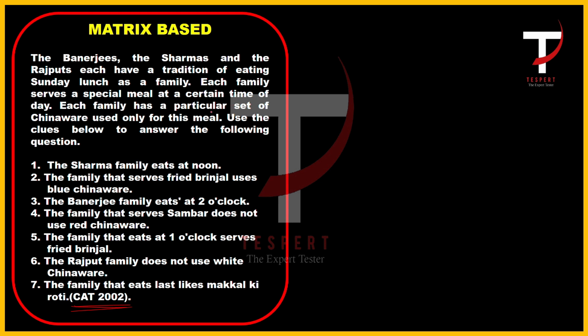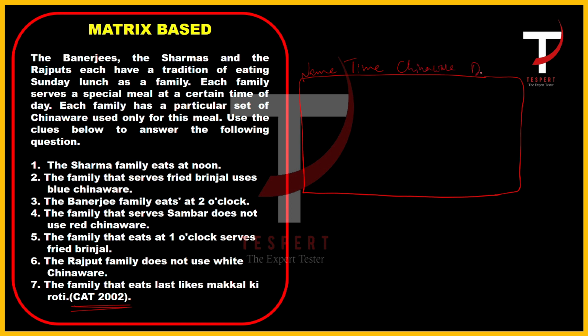Each family has a particular set of chinaware used only for this meal, and use the following clues, right? So we shall make the box, right? This is the name of the family, this is the time, and the chinaware and dish.